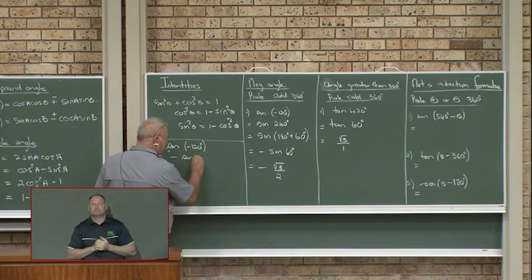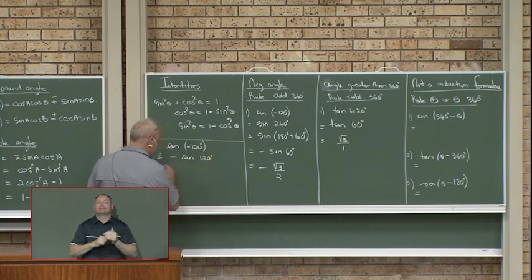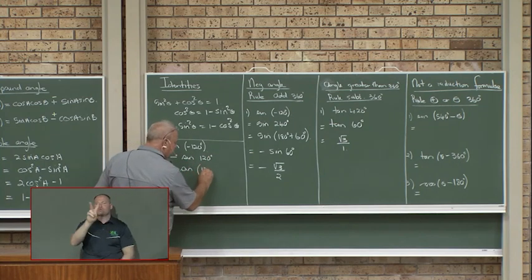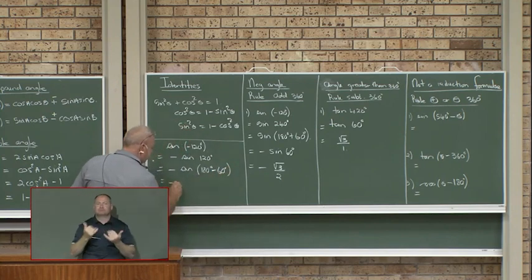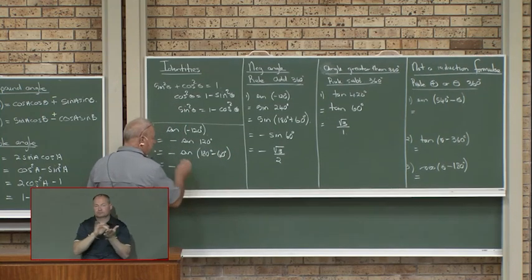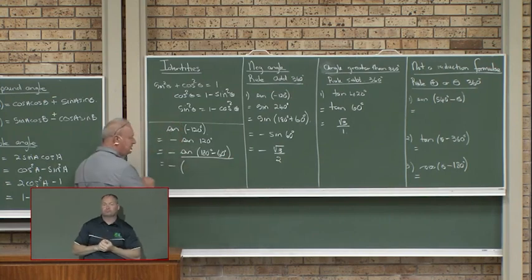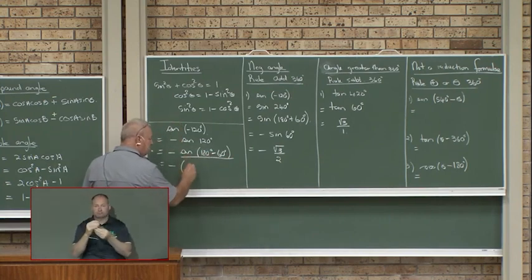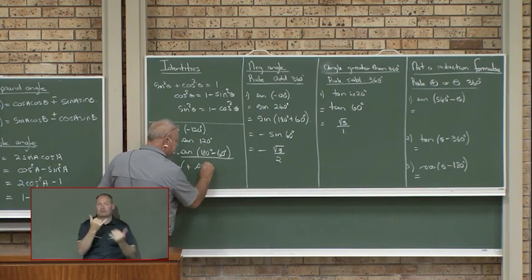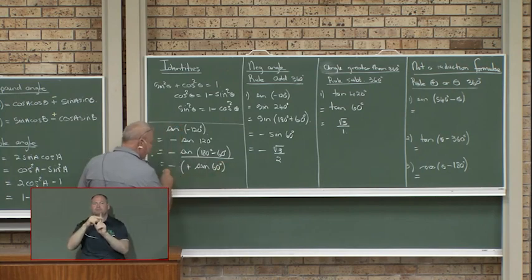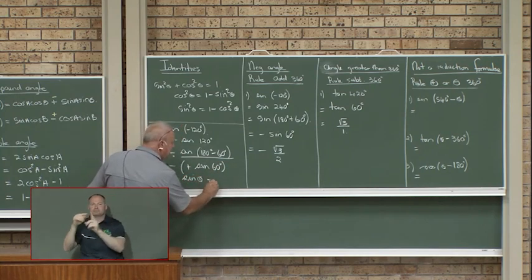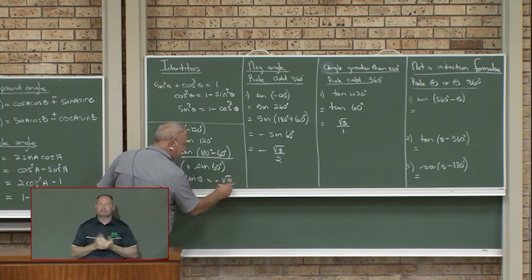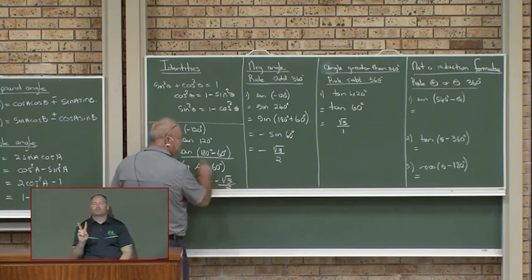Negative the sine of the angle, correct? And the sine of 120 is found in the second quadrant. The second quadrant's reduction formula is 180 degrees minus theta. Now the sine of 180 degrees minus theta in the second quadrant, sine is positive. It's positive the sine of theta. And a positive times a negative is negative the sine of theta, which is negative root 3 over 2, and that gives you the same answer.